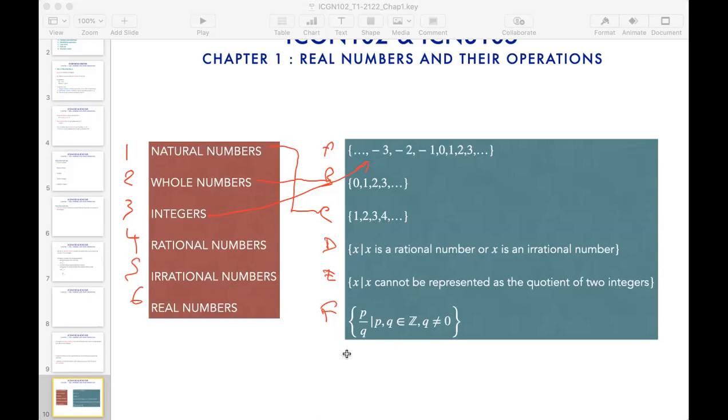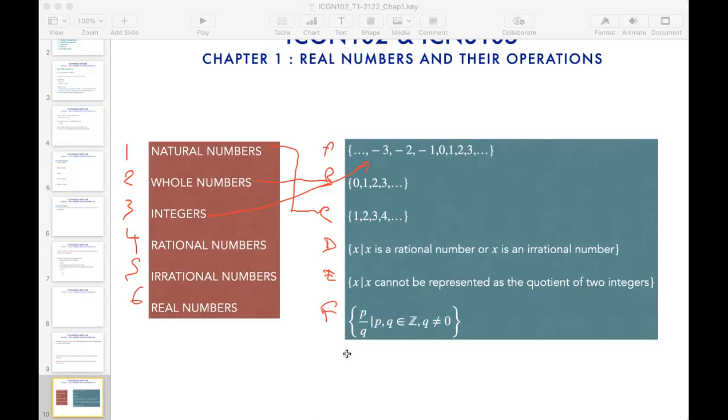Why is that? When we write down the set of rational numbers, let me explain. P over Q is a quotient, where Q is a member of Z, Z being the integers, and Q is not equal to 0.